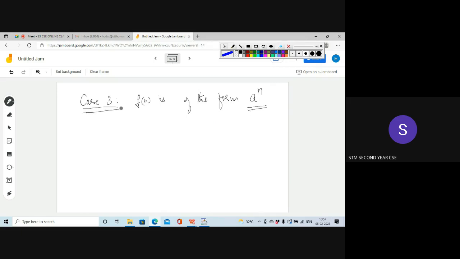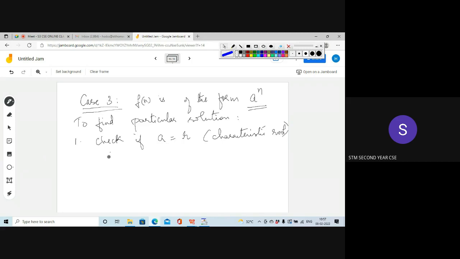Then in case 3, what we have to do, to find the particular solution, is first check if a is equal to r. r is the characteristic root that we had obtained when solving the homogeneous part. Check if a is equal to r.